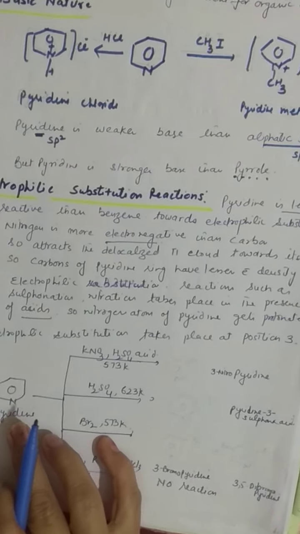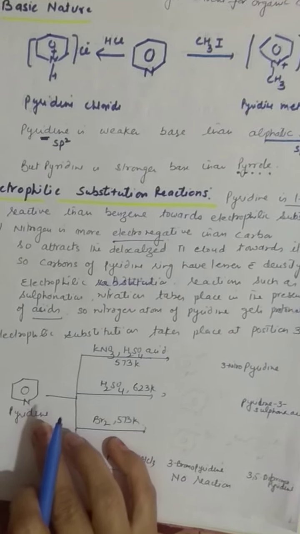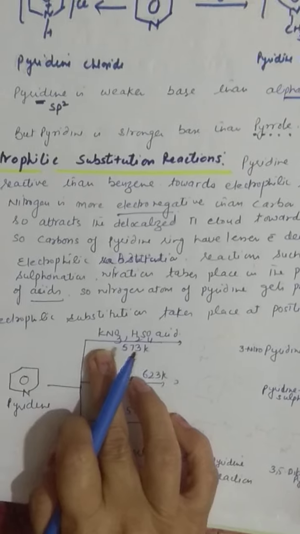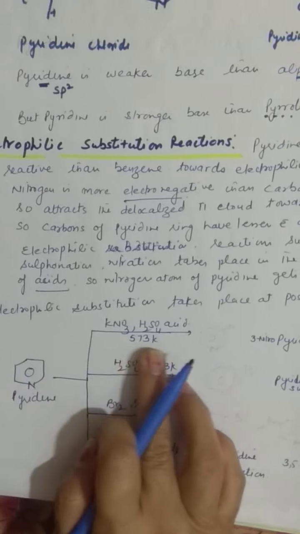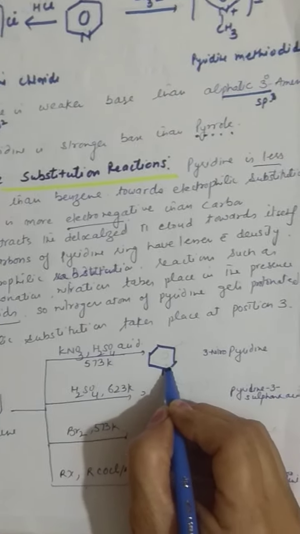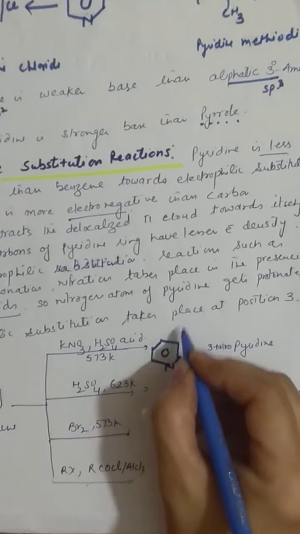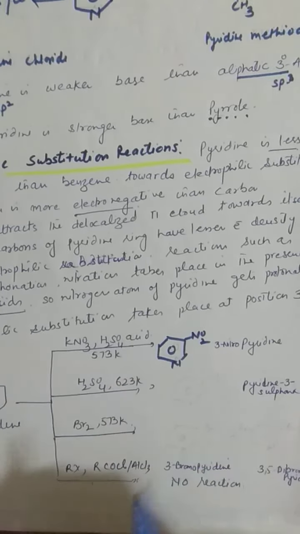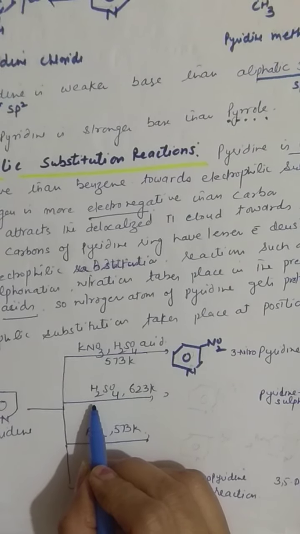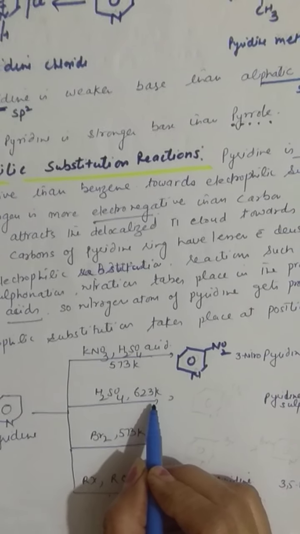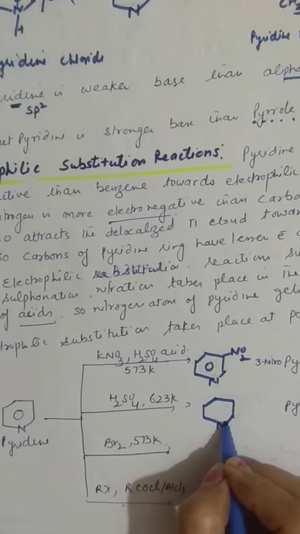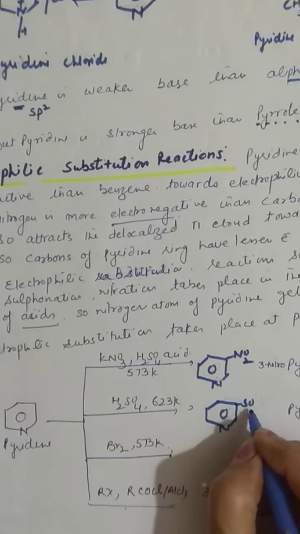So let's do the electrophilic substitution. When nitration of pyridine is done in the presence of potassium nitrate and sulfuric acid, the nitro group will be introduced at position number 3: 1, 2, 3, 3-nitropyridine. Sulfonation is done in the presence of sulfuric acid at 623 Kelvin, and the sulfonic group will be introduced at position number 3.